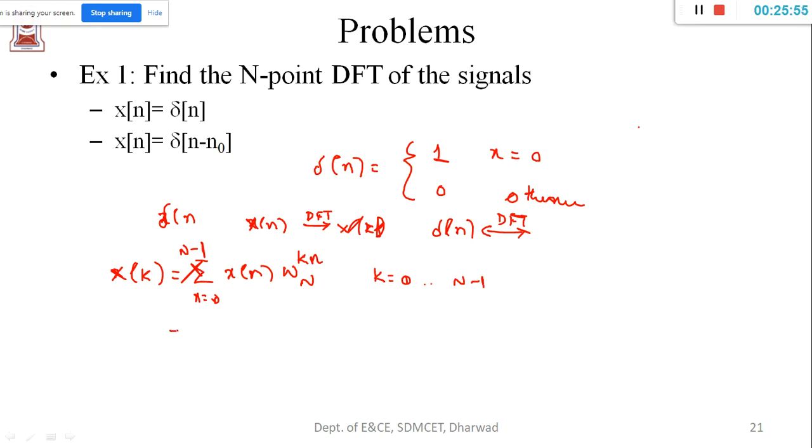Now x of k is equal to the summation, n runs from 0 to N minus 1. What is x of n here?